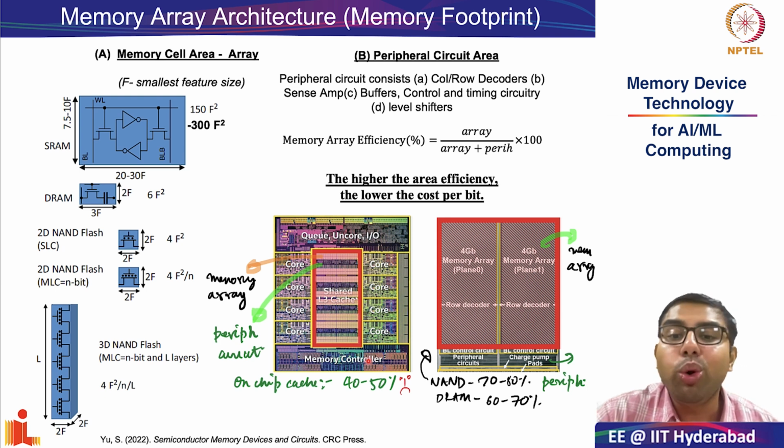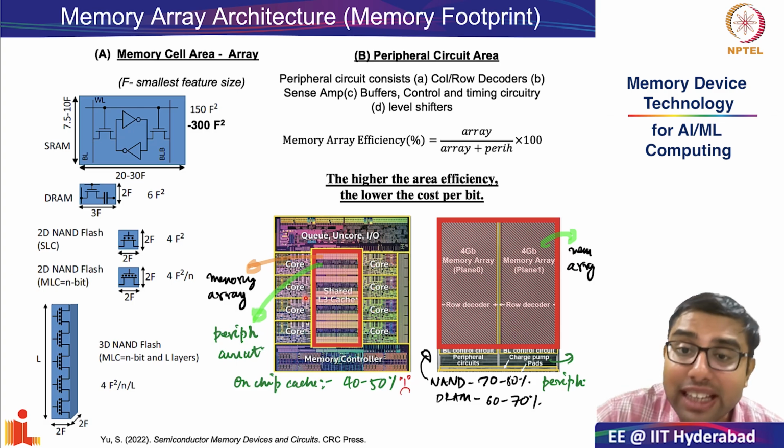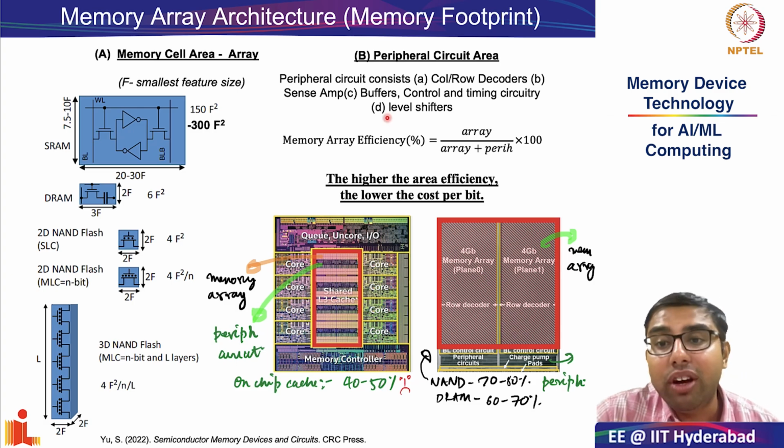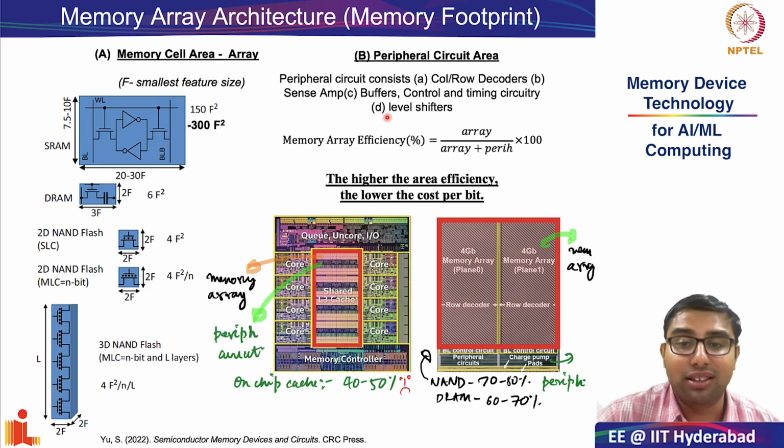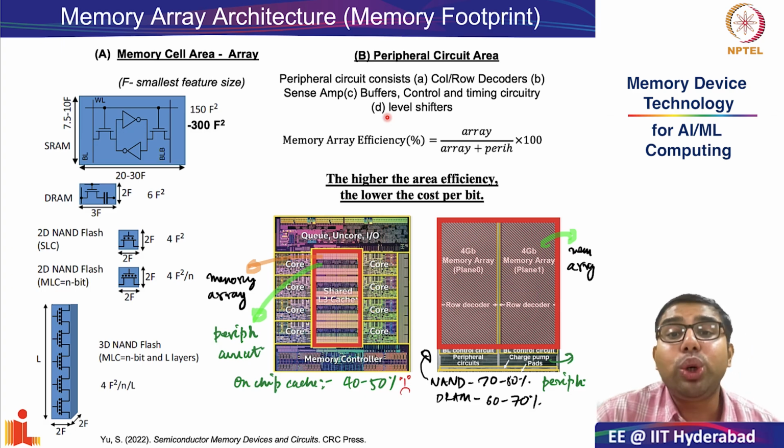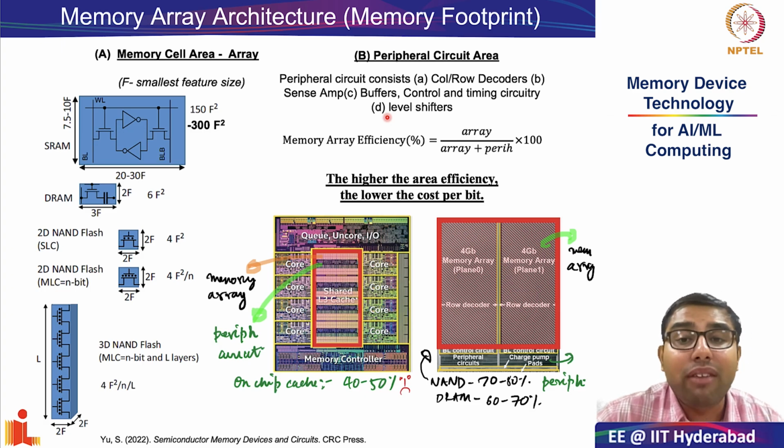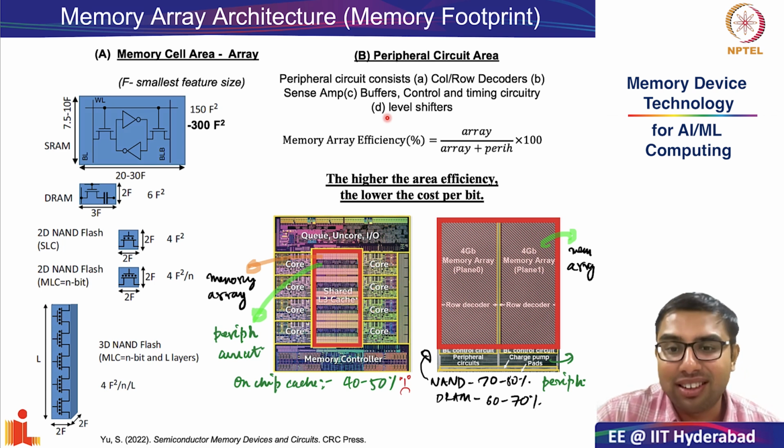Why are we willing to tolerate such poor array efficiency? This is because when we look at cache memories, the entire focus is on performance. The food delivery example: if you are extremely hungry and somebody tells you that I will charge you double, or as much as the food, but I will give it to you within 5 minutes, you may be able to tolerate it.